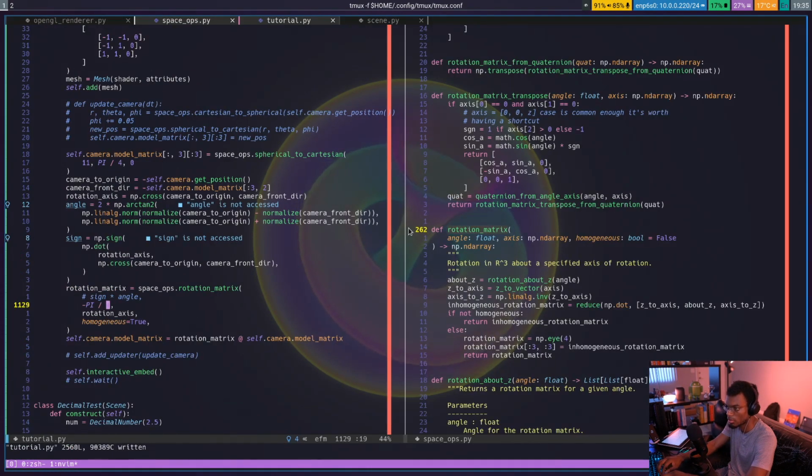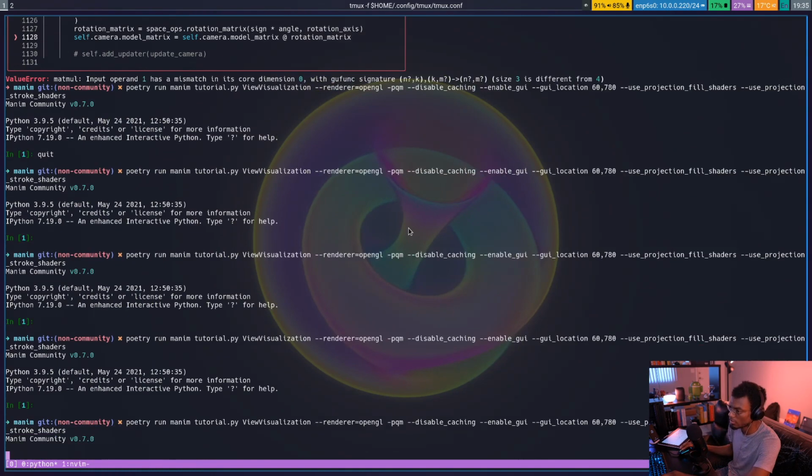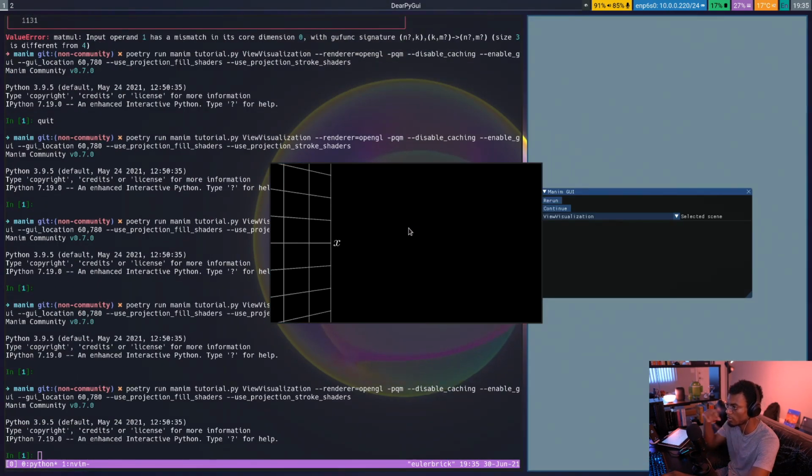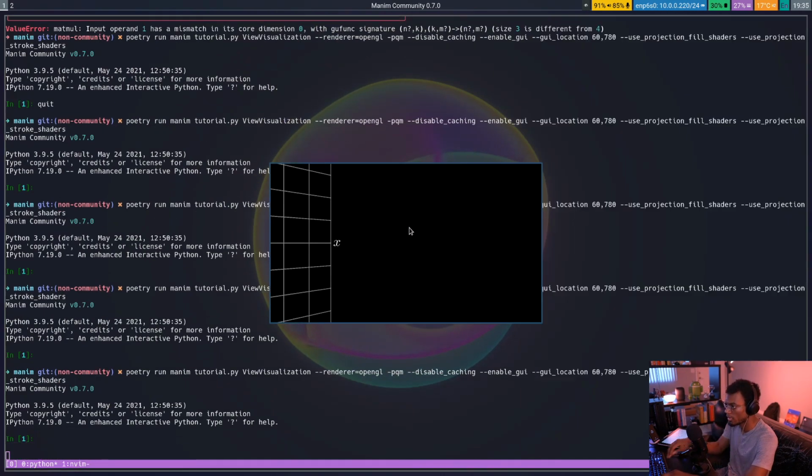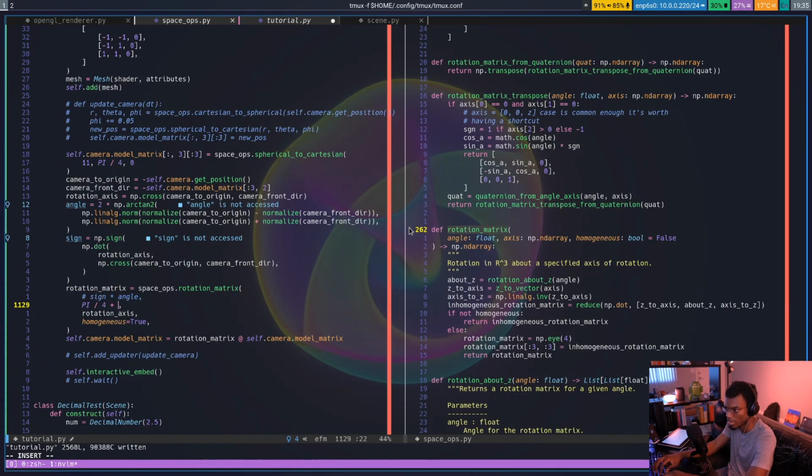Still no. Do positive pi over 4. That's what it was doing before. What axis is this rotating around? Okay, I've got to do pi over 4 plus epsilon.